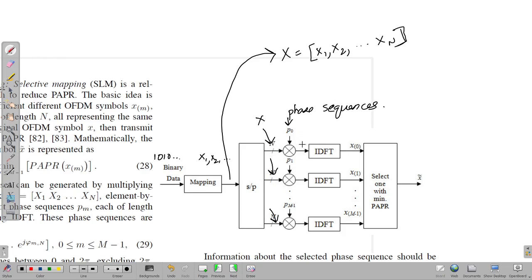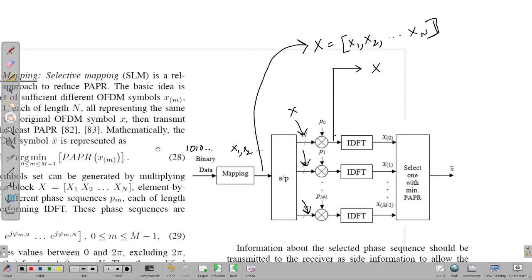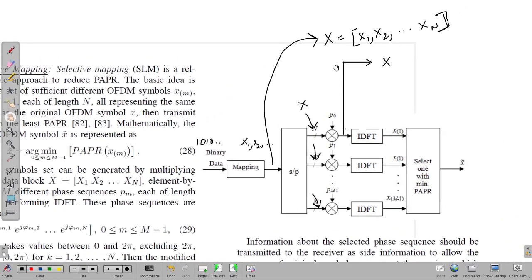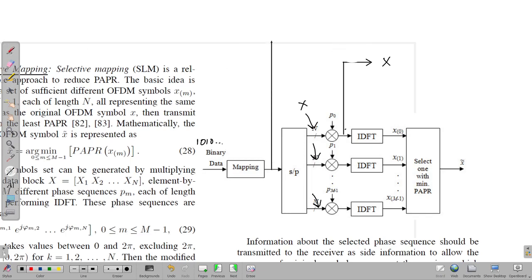Let me draw it a little more neatly. At this point you have the signal X, which is x1, x2, etc. up to xN.